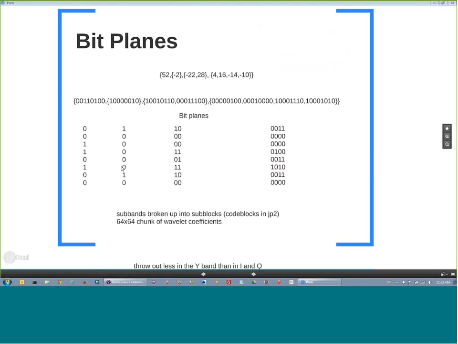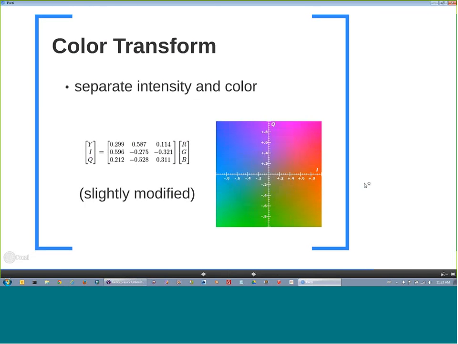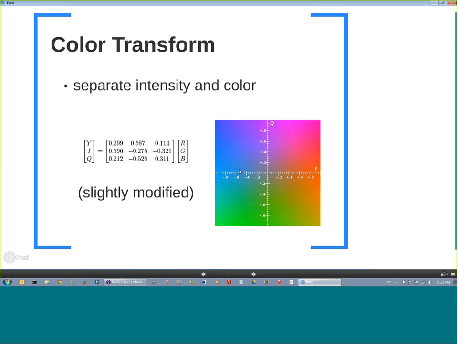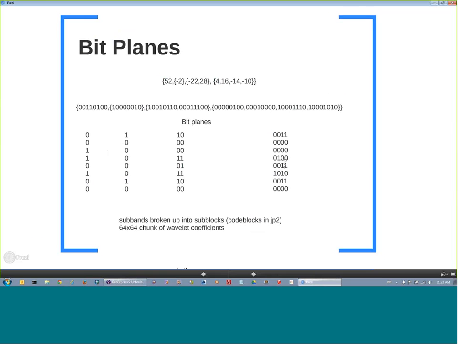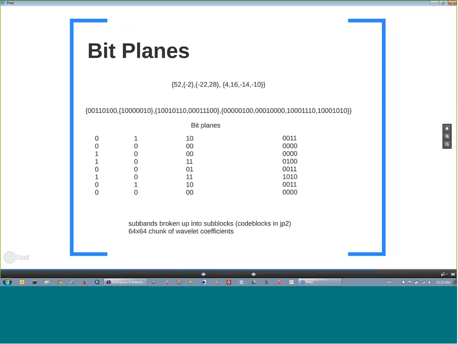And I should point out that in combination with the color transform we did, we're going to focus on the color bands rather than the intensity bands. So remember, in this case, we're just looking at one band, but in reality, we'd have at least 3 bands. And those 3 bands would get converted into intensity and color, and we're going to start with the color bands, getting rid of this stuff first.